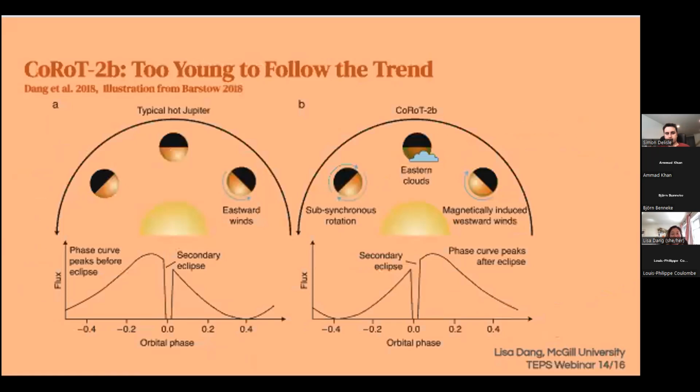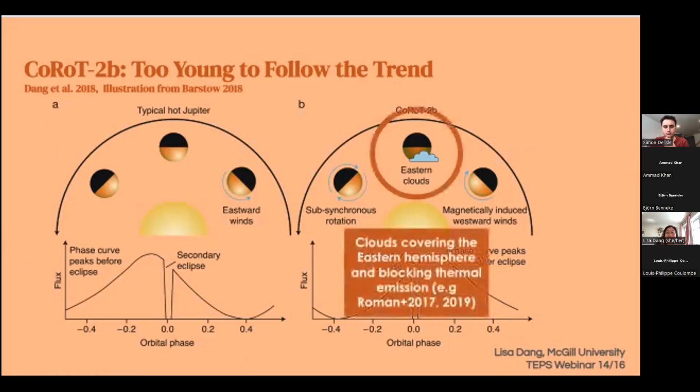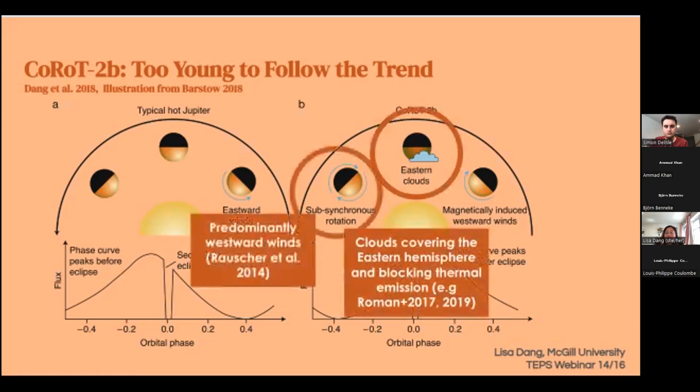While these results defy predictions, the westward offset can be explained by three possible scenarios. The first hypothesis has to do with clouds covering the eastern dayside hemisphere, hence blocking thermal emission and sculpting our phase curve. However, it's hard to explain how these clouds would have gotten there without westward winds. The second scenario questions the synchronous rotation of Curve 2b, which could be possible given the young age of the planet.